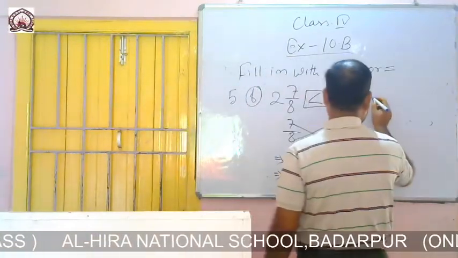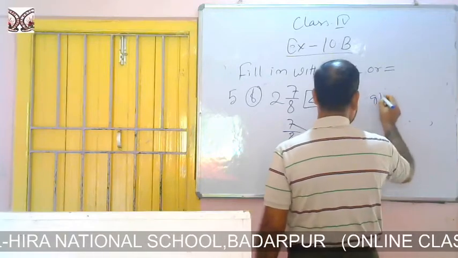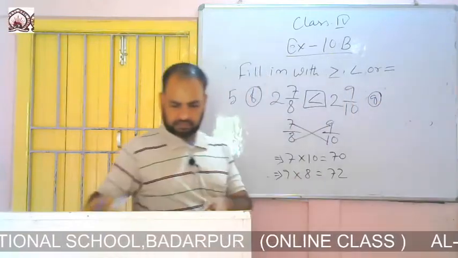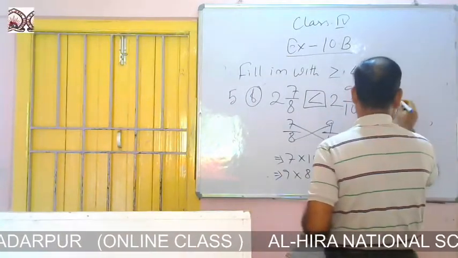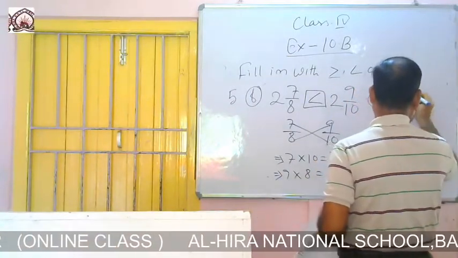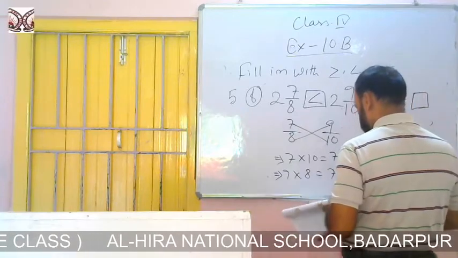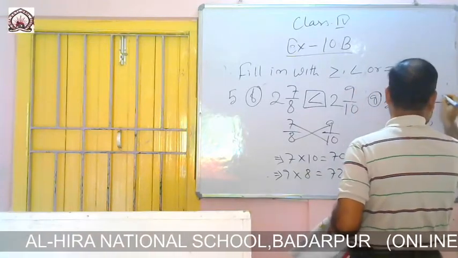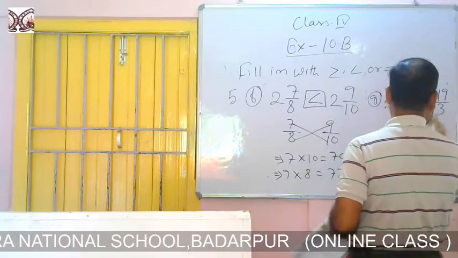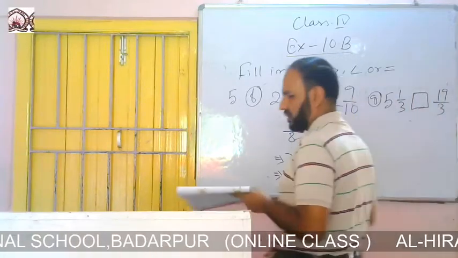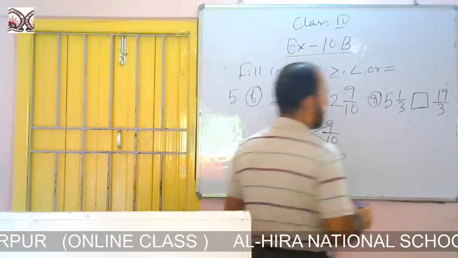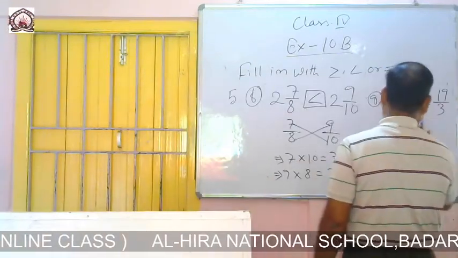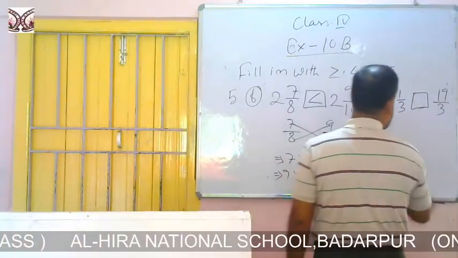Question number 5g. 5 1 by 3, 19 by 3. If one is a mixed fraction and another is an improper fraction, we have to change the mixed fraction into an improper fraction.